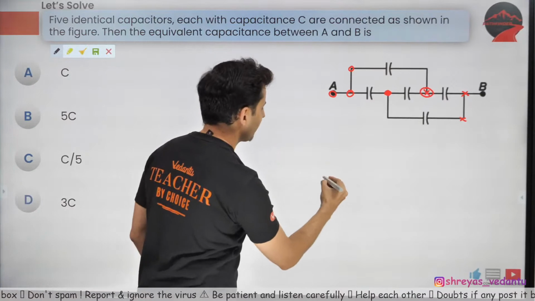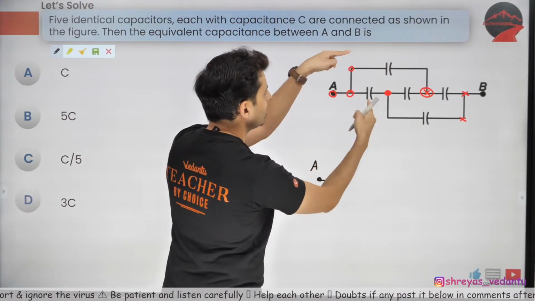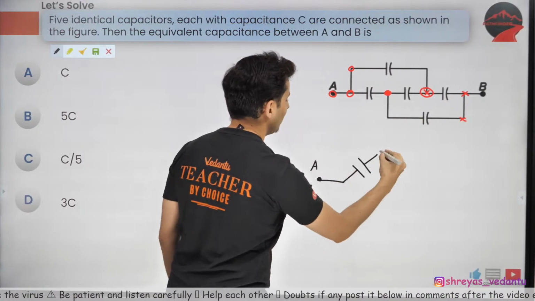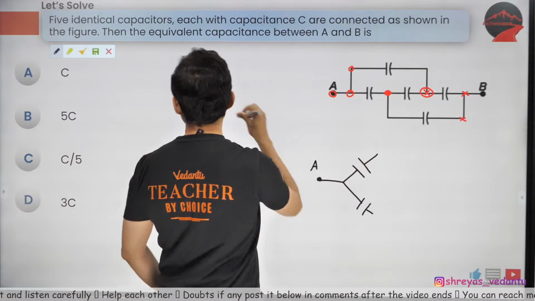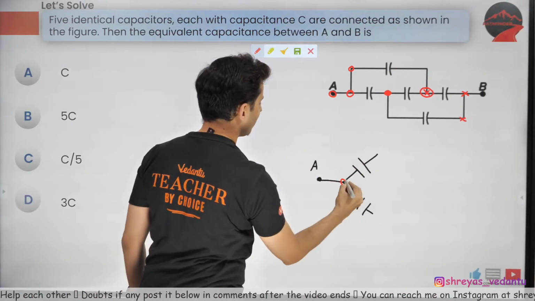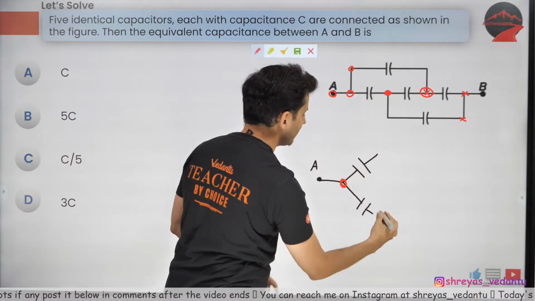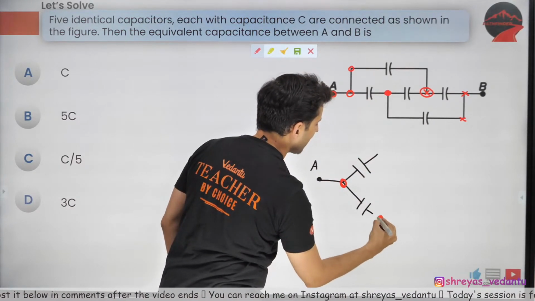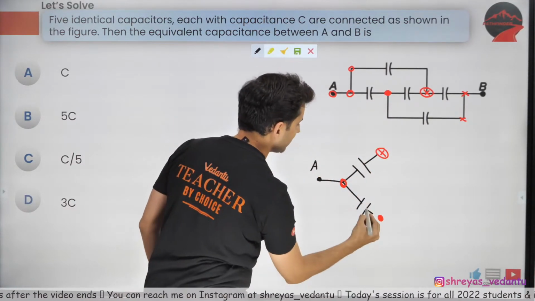From point A, you have two capacitors. This is a standard form. You have two capacitors like this, and these two capacitors have this voltage. One of them ends at this solid dot and another one of them ends at this cross with a circle. Okay, so like this.